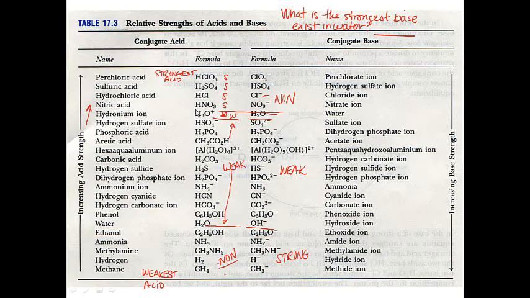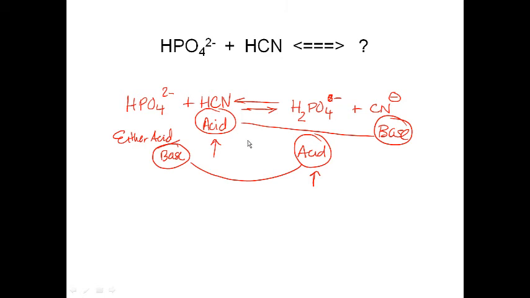I see HCN down here. What was I looking for? H2PO4 minus was the other acid. Which one's the stronger acid? H2PO4 minus. So this one is the stronger acid.